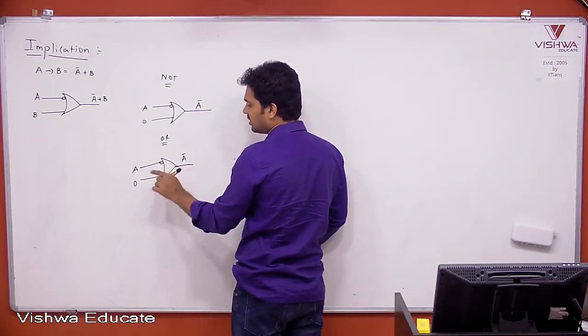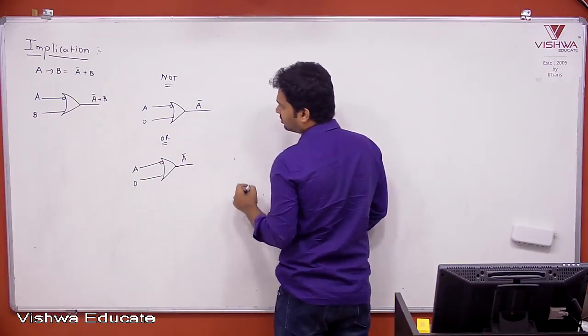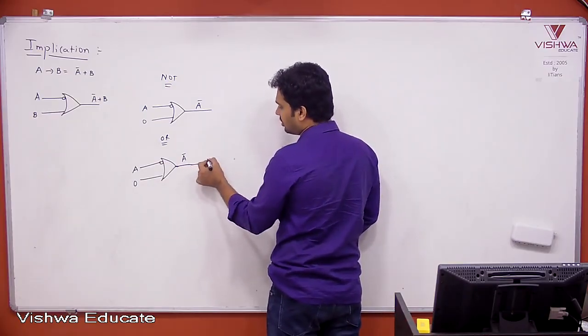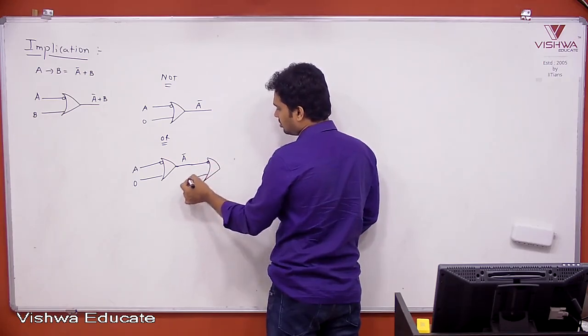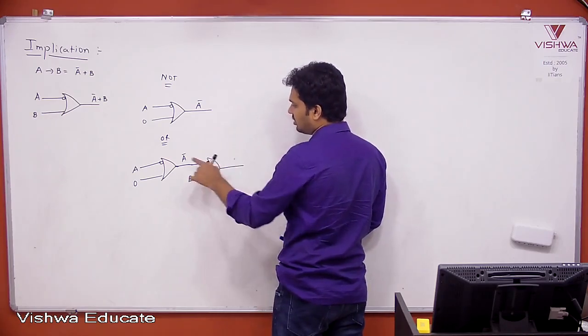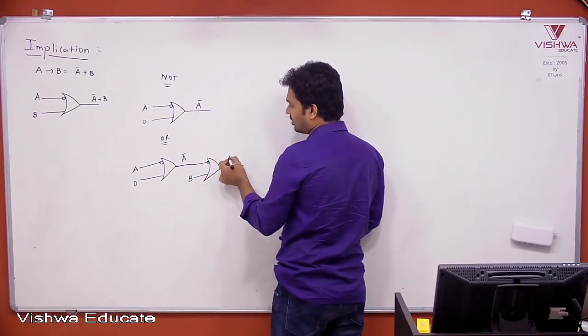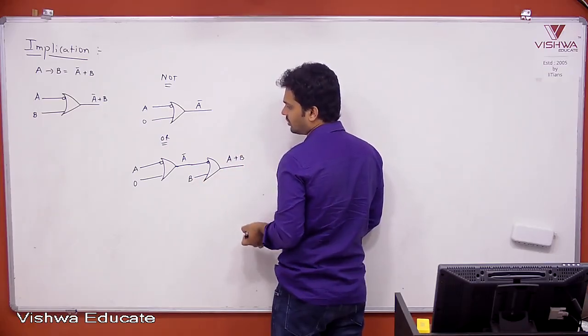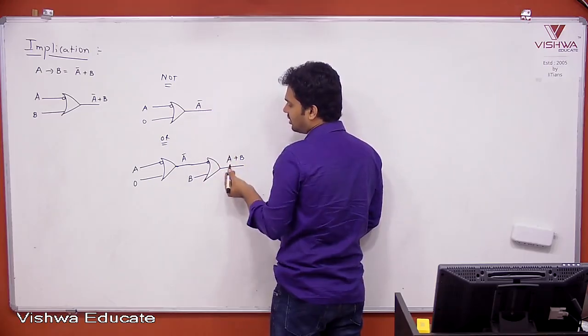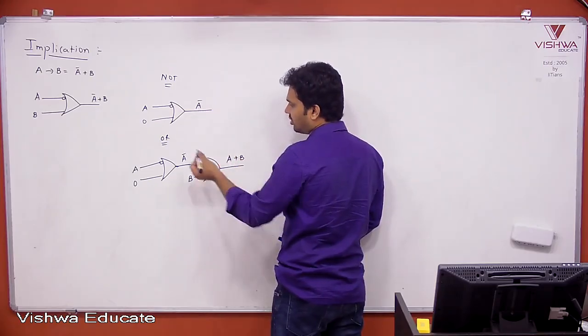Here bubble means inversion. Okay. Now, for this you give it to B. Then what is the answer? A bar whole bar. What is the answer? A plus B. Okay. Here it is A bar. Here it is A plus B, OR gate.